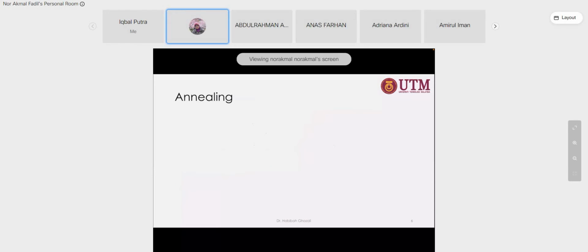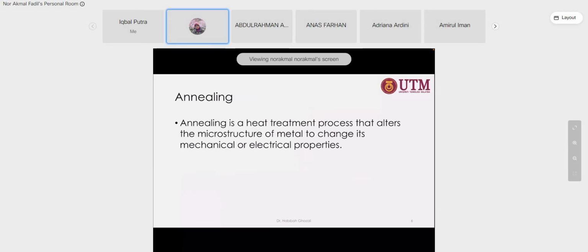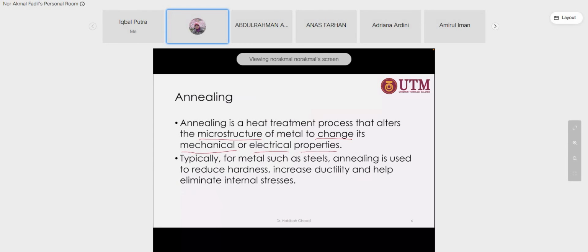Okay. So annealing. What is annealing? Annealing is a process where we introduce heat, and then we allow changes in the microstructure. And when the microstructure is changed, the mechanical or electrical properties will also change.